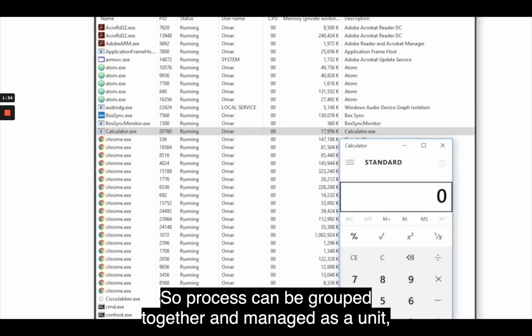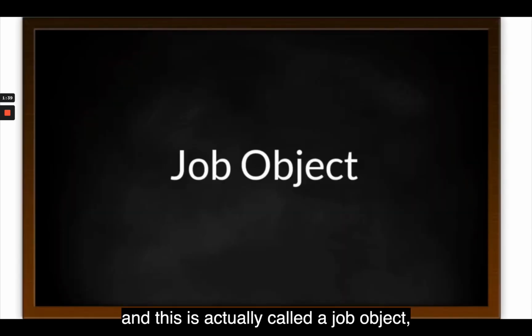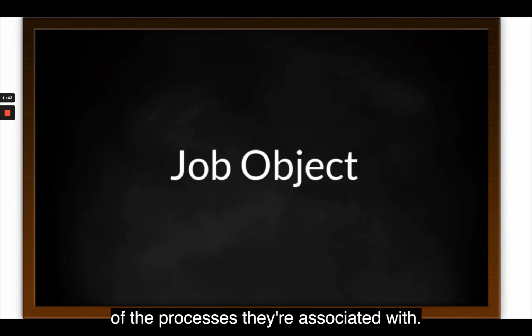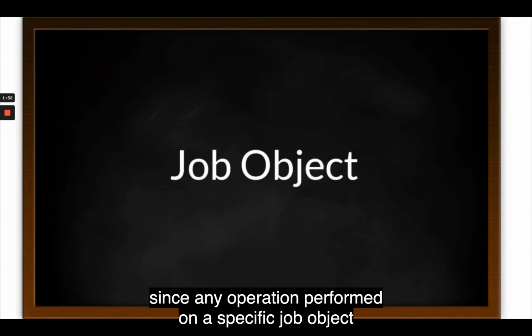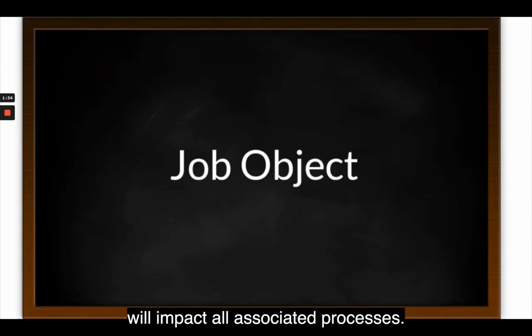Processes can be grouped together and managed as a unit, and this is called a job object and can be used to control attributes of the processes they're associated with. Grouping processes together simplifies impacting a group of processes, since any operation performed on a specific job object will impact all associated processes.